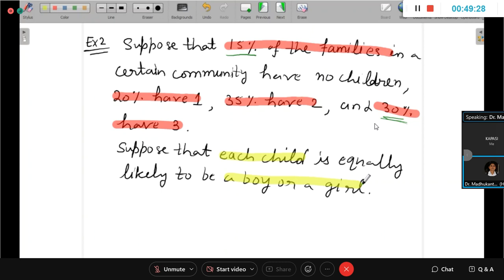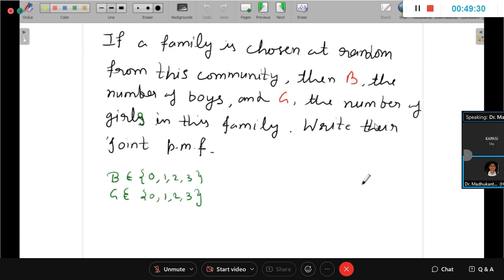Now, if a family is chosen at random from this community, you can say for some award, best family, whatever you call. B denotes the number of boys, G denotes the number of girls in this family.